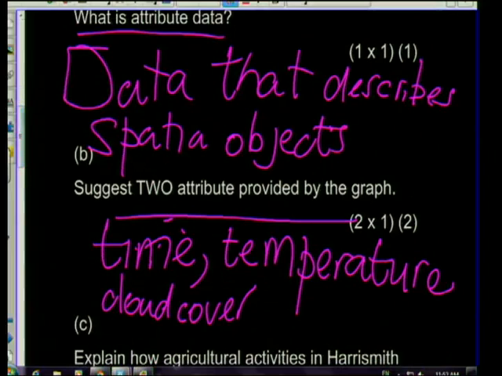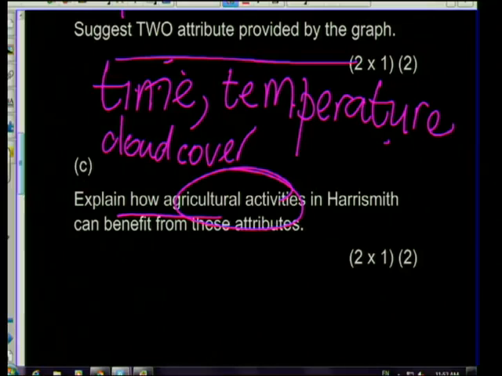And these are the different types of attributes that you can extract from this graph in order to determine what kind of environment to describe as Harrismith. And this information will be useful for a specific period in order to assist us to have better decision making. Explain how agricultural activities in Harrismith can benefit from these attributes. So we know there's temperature, there's cloud cover, there's amount of sunlight.